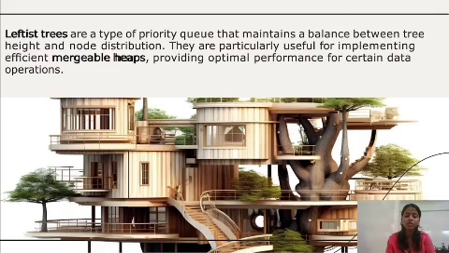The leftist structure helps make merging two leftist trees efficient, typically O(log n) time, where n is the number of nodes in the tree. This is much faster than merging two standard binary heaps, which usually requires a complete rebuild.